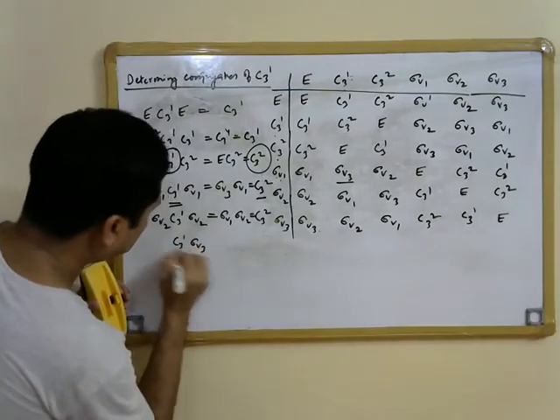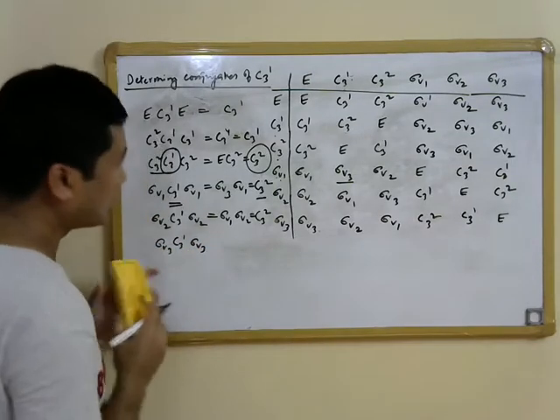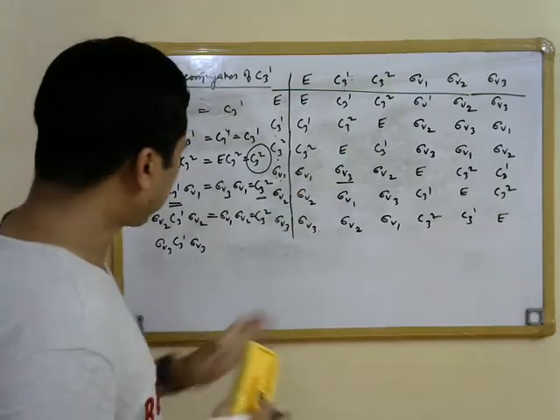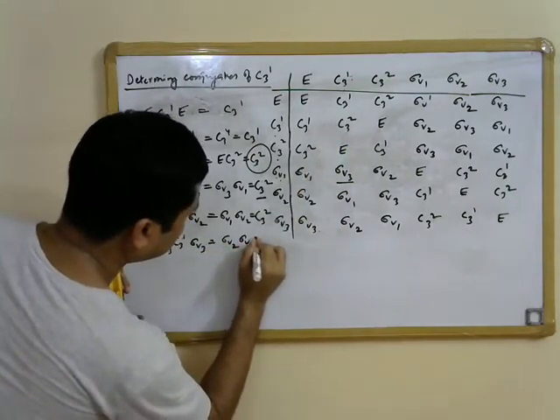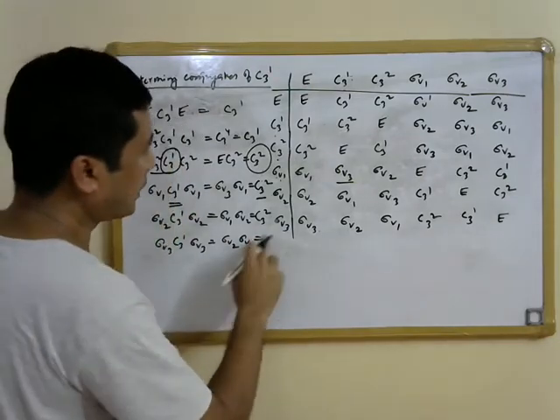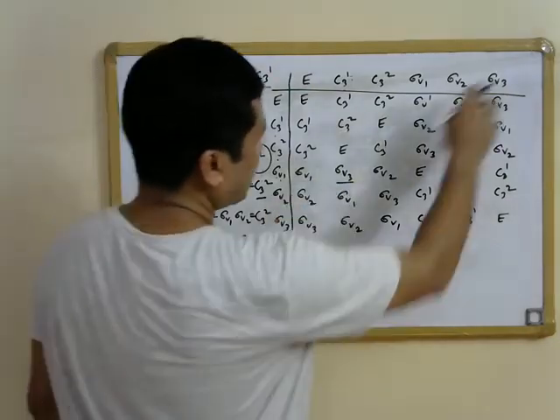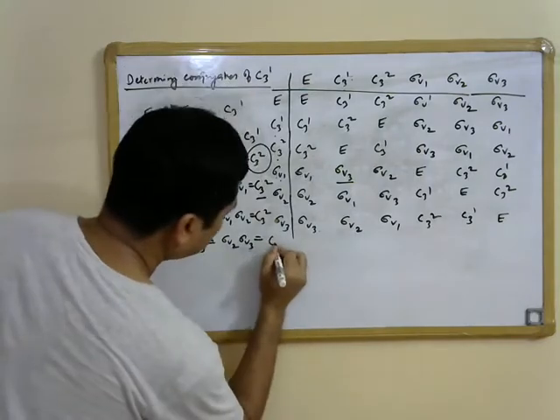Then sigma v3, C31, sigma v3. Sigma v3 C31 is sigma v2. So sigma v2 sigma v3 is equal to C32.